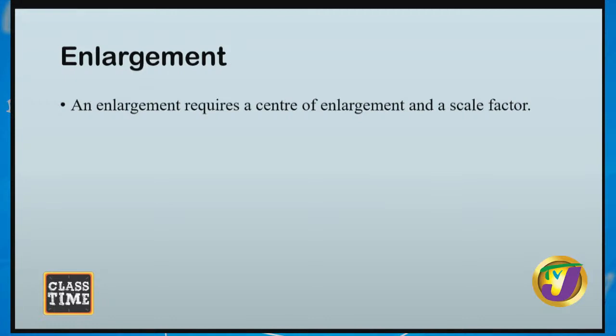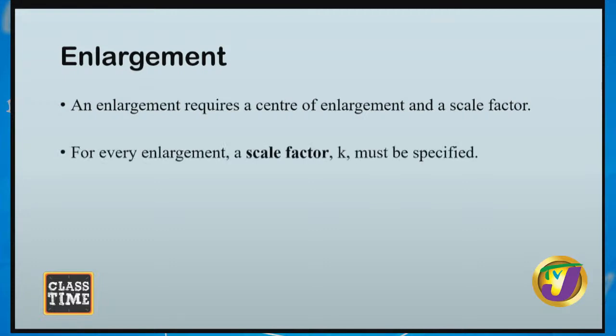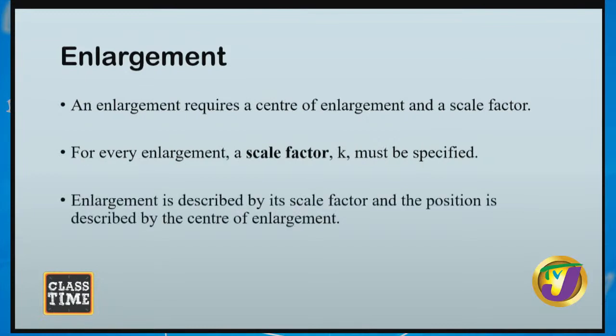These are two very important factors that will come into play when we carry out our activity. For every enlargement, a scale factor, which we're going to call K, must be specified. Enlargement is described by its scale factor K, which is a real number. And the position of the enlargement is described by the center of enlargement.